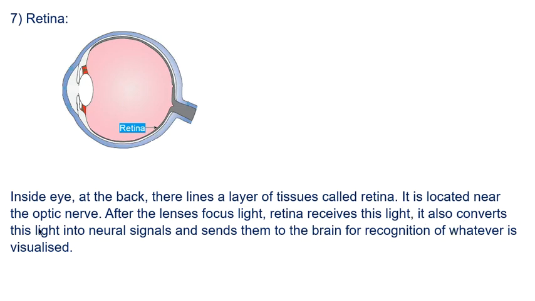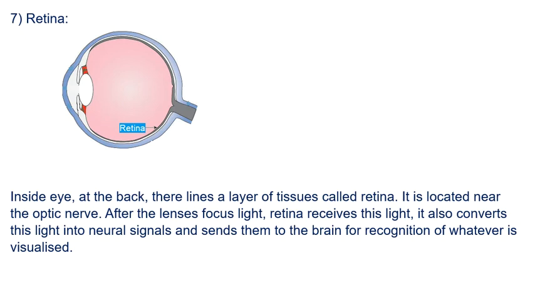It also converts this light into neural signals. What is the work of the retina? It is very important: first of all, capturing the light and then converting this light into neural signals. What do you mean by neural signals? You all know we have a nervous system. Nervous system is based on neurons.